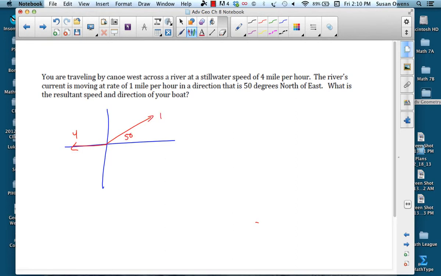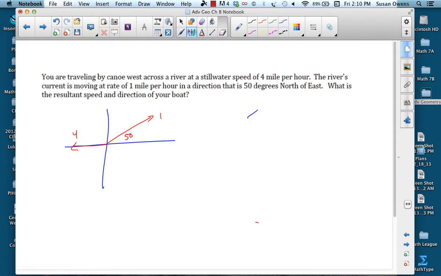That's a weird current. We want to find out how fast the boat is moving because of the current, and in which direction is our boat moving. We're trying to go west, but we're not. We're drifting.